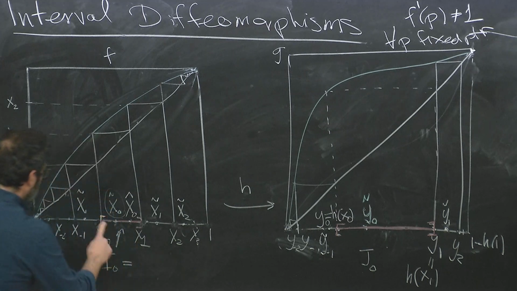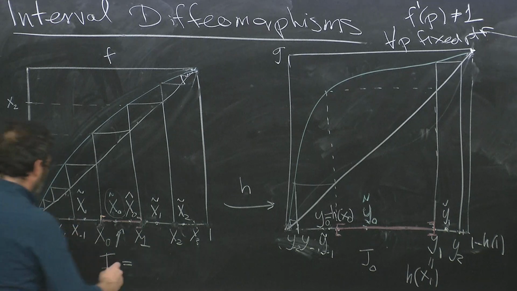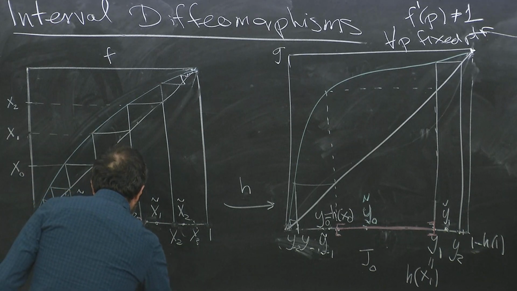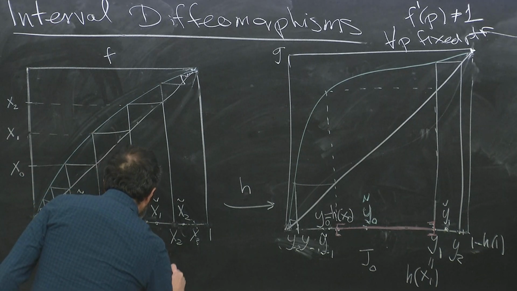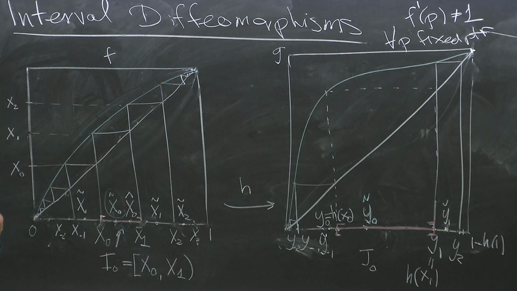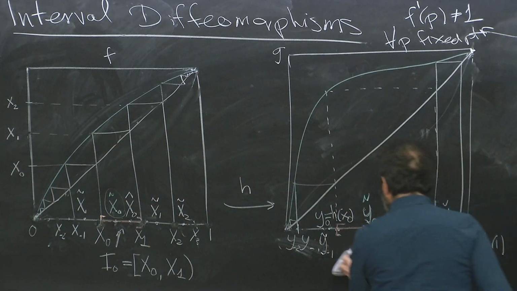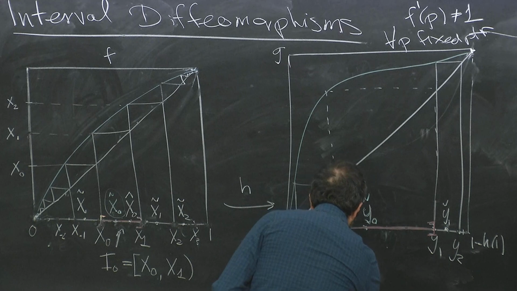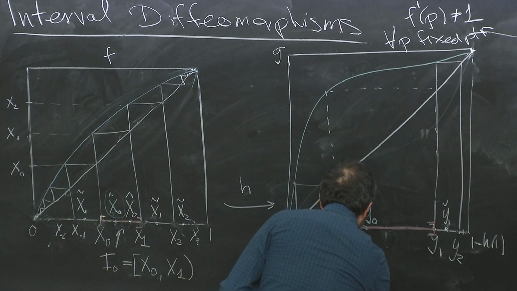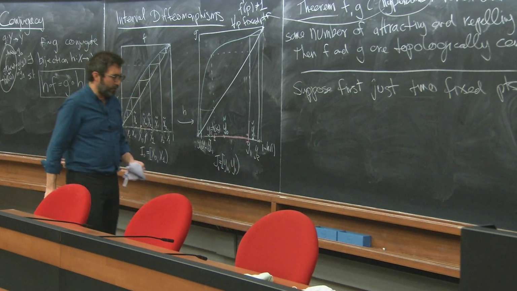So to resolve this issue with the boundary points, let me take it half open and half closed: closed in x0 and open in x1. Right? And then let me do the same for J0, and define J0 as the interval closed in y0 and open in y1.